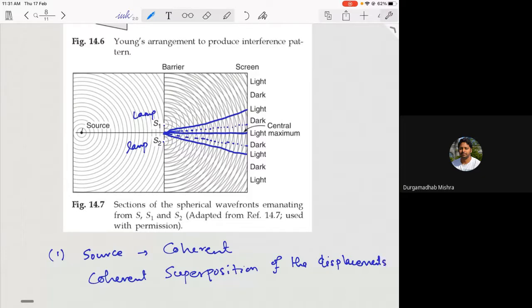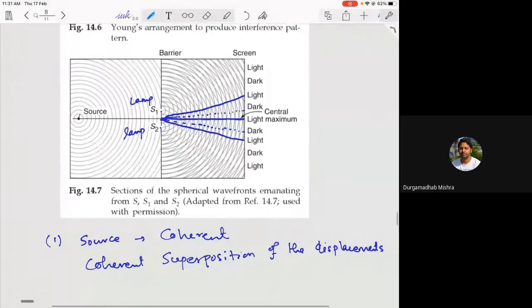Displacements in the electromagnetic case are the electric field or the magnetic field. In the case of water, it is the displacement of the water molecules, or in the case of sound, it is the displacement of your air molecules.